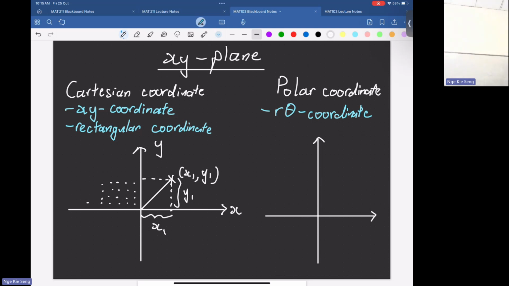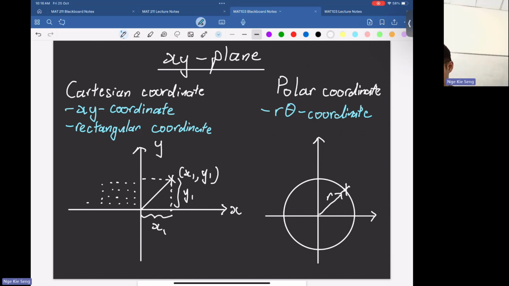what you can think is any point on this xy plane should live on a circle that is centered at the origin, just that you have a different radius. But how do you make sure on which part of the circle it lives?